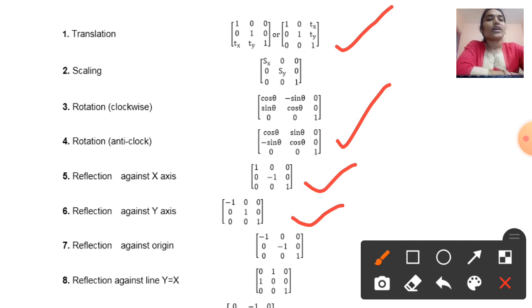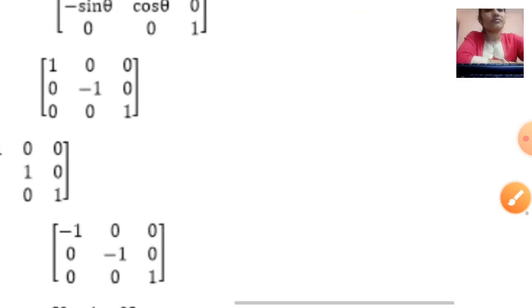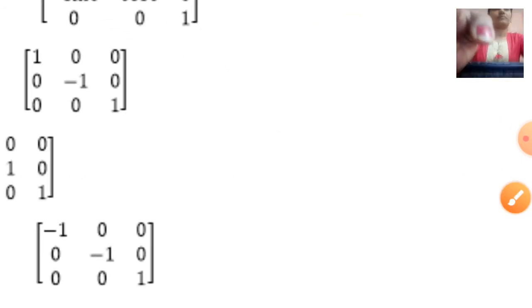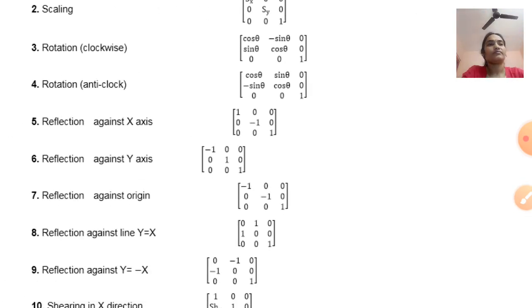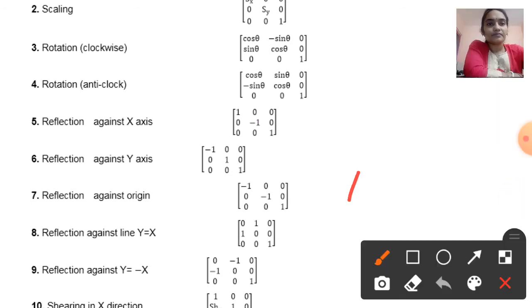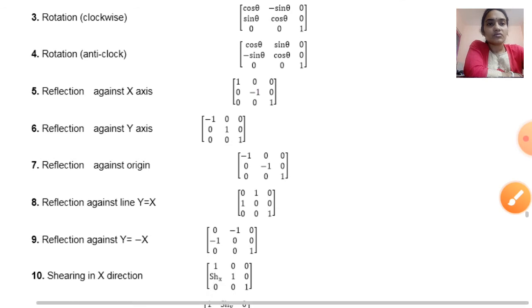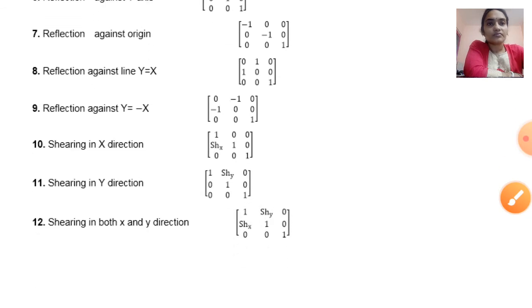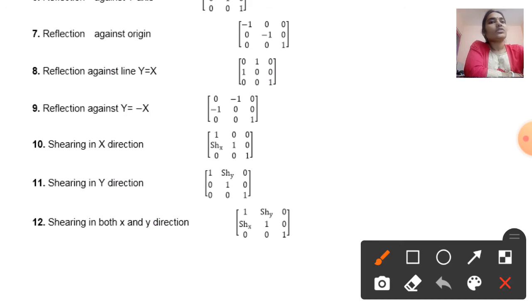Reflection against the origin means both are in negative form: the x value will be negative and the y value will also be negative.